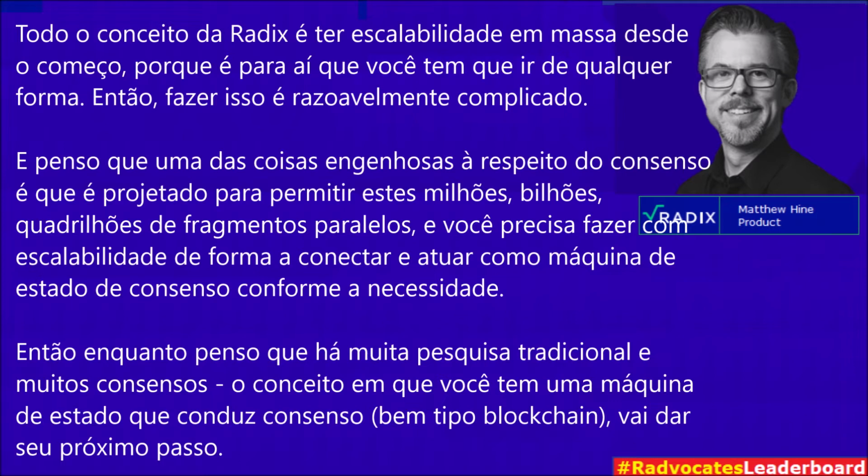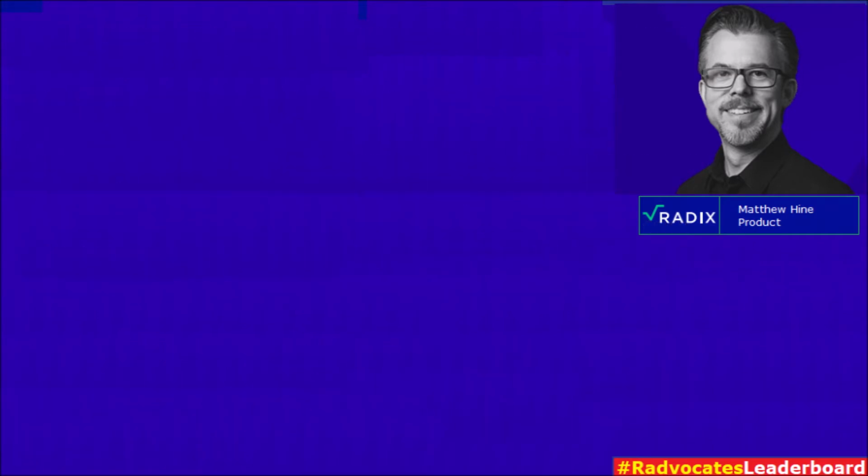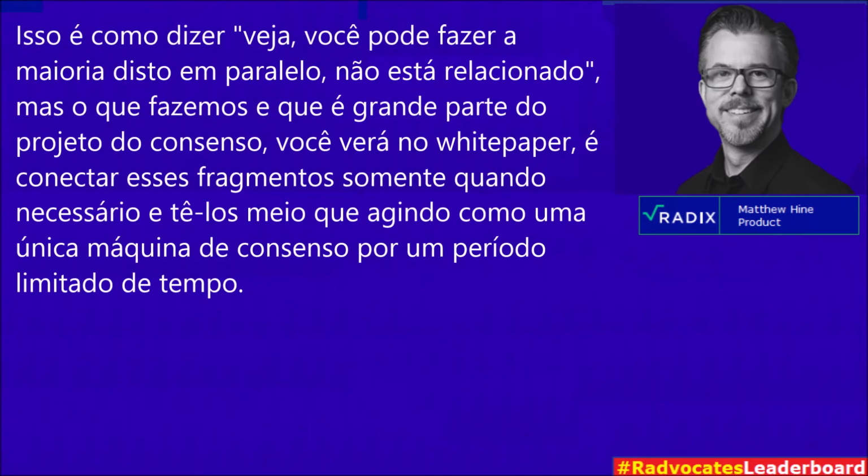In the traditional research, the concept is you have one state machine, it's conducting consensus, and it goes on to the next step, very blockchain-like. This is saying, look, you can do most of this completely in parallel, it's not related. What we do, as you'll see in the white paper, is link these shards together only whenever you need to, and have them act like a single consensus machine for a limited period of time before they split up.